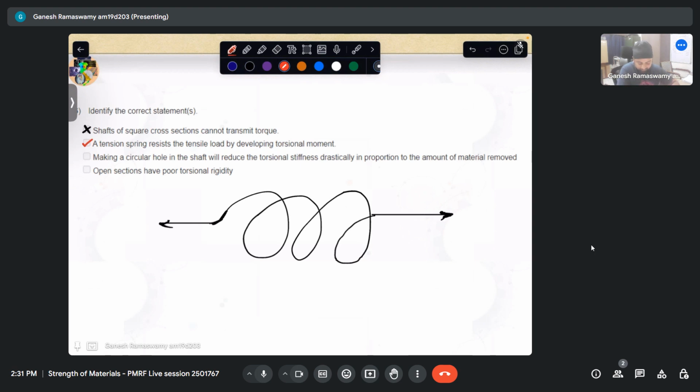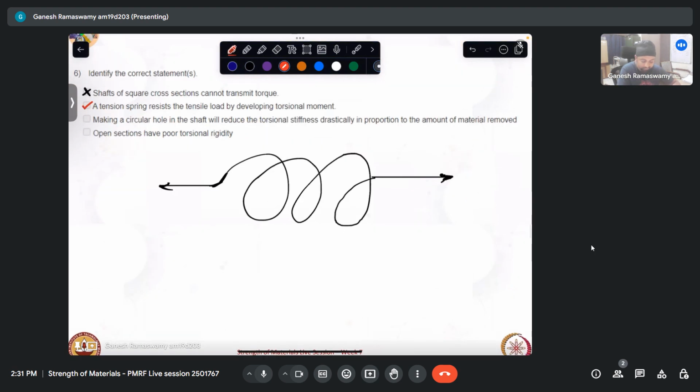Making a circular hole in a shaft will reduce the torsional stiffness drastically in proportion to the amount of material removed.